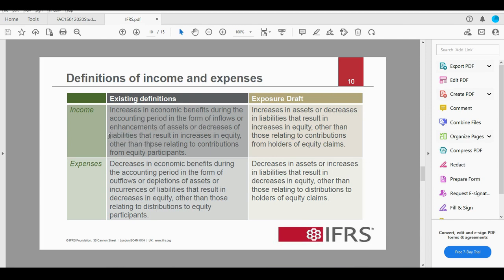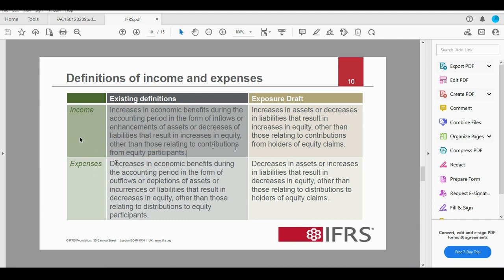This is what this is saying. It's going to decrease your liabilities, and eventually that would increase your equity, because now you'd have more money. You're returning this to wherever you bought it from. That increases your equity, other than those relating to contributions from equity. Okay, obviously other than your share capital and all that.